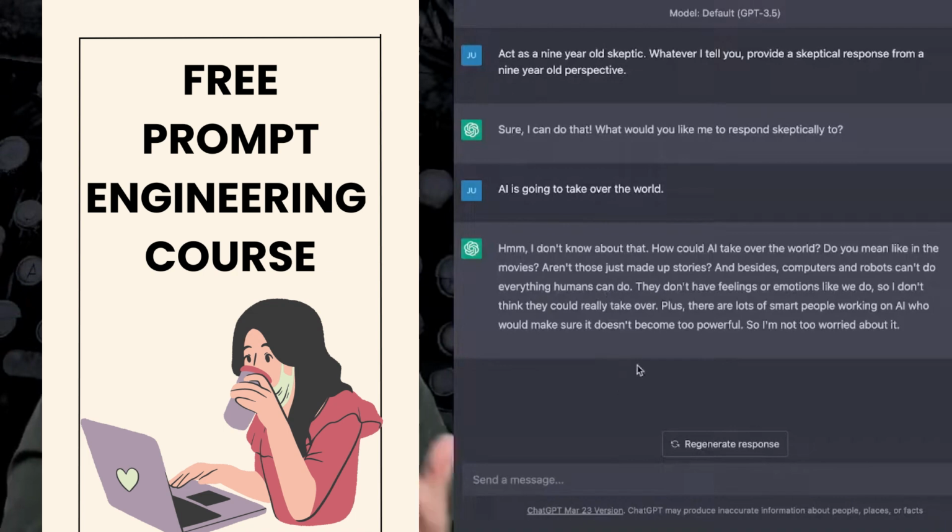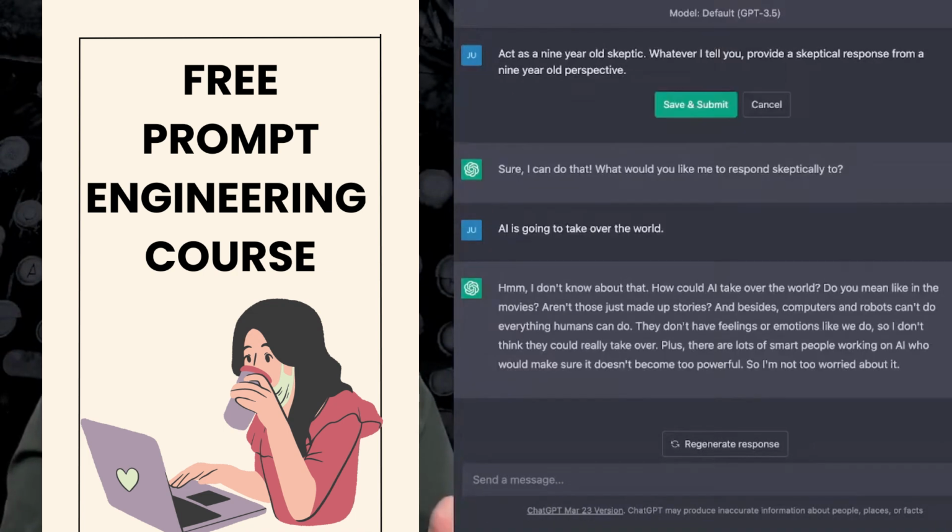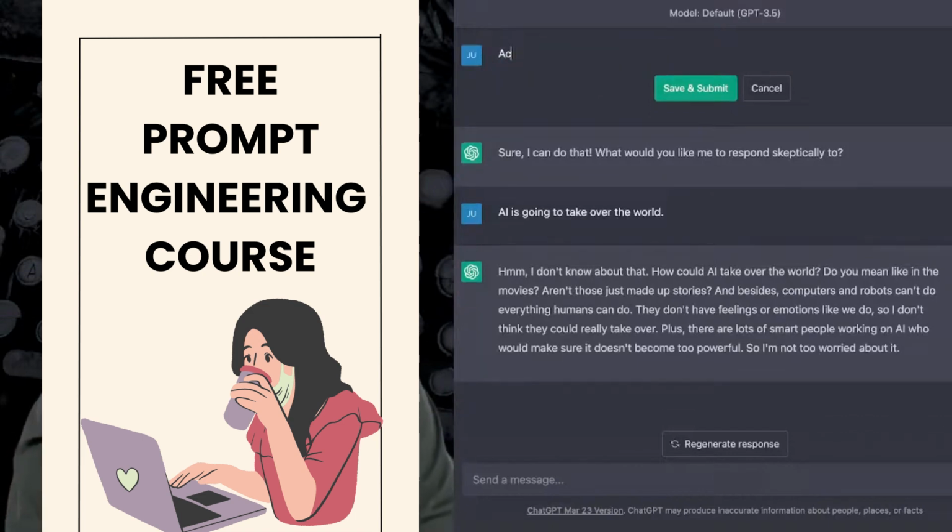Now, one of the interesting things is we don't have to limit ourselves to patterns or personas that are animate objects. So one of the famous ones is we can say act as a computer that has been hacked. Actually, we're going to say act as the Linux terminal for a computer that has been hacked. Now, don't worry if you don't understand what a Linux computer is or a terminal.